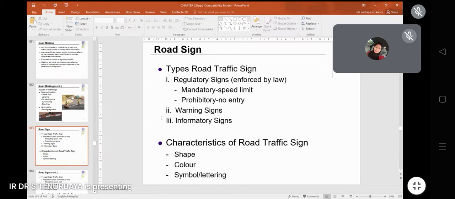Dan of course kita ada jenis informatory signboard. The characteristics of the road traffic signboard can be described in the form of shape, color, and also we can look at the symbols or lettering used for the signboards.